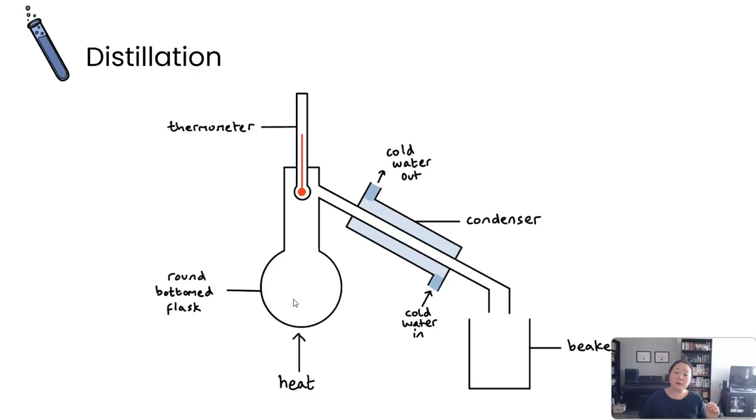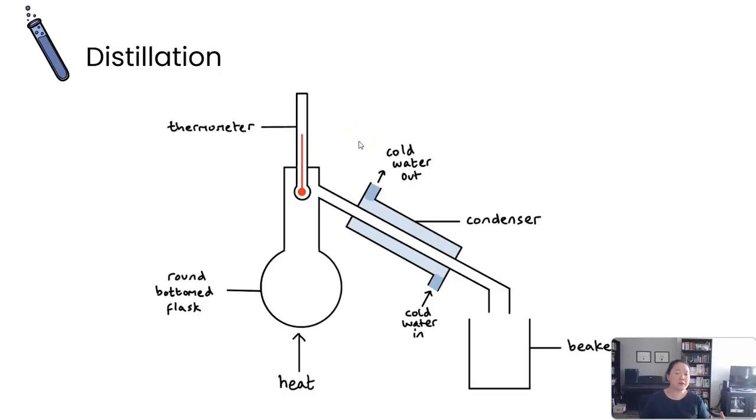The thermometer is going to help you know at what temperature all of this is happening, so you can make sure that you are actually distilling the liquid that you were planning on distilling. Because this whole process takes advantage of those boiling points, what ends up being in this beaker is going to be purely that liquid that boils off first.